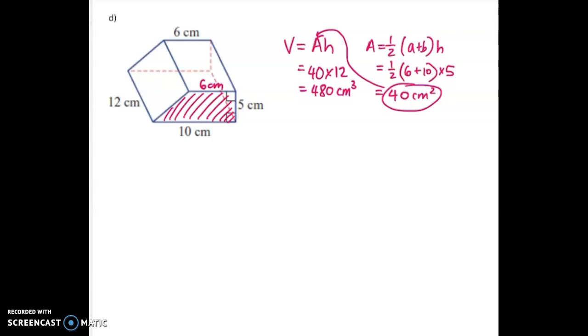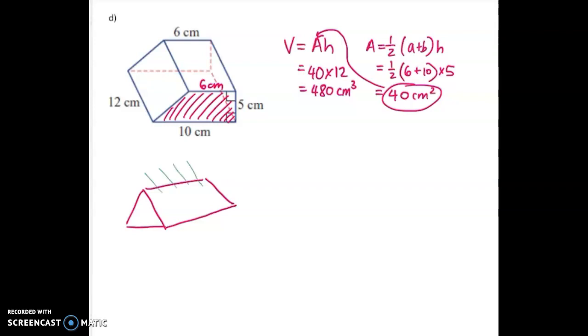Let's do a quick recap of how we find the volume of prisms. Before you do anything, you've got to first check that your solid is a prism, because otherwise you won't be able to use that formula. Right? And you can check that it's a prism by looking at its cross sections.